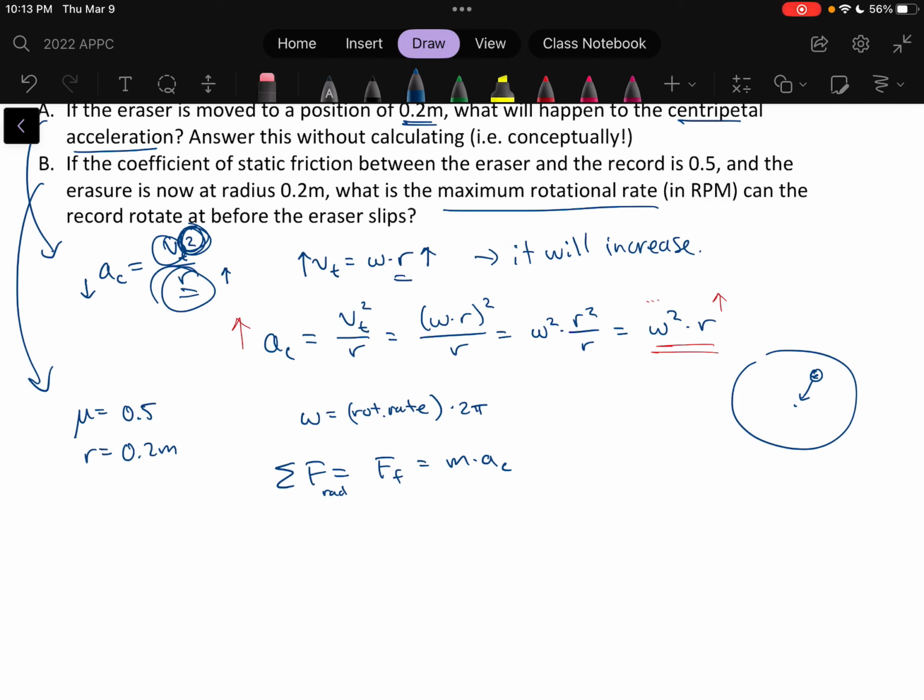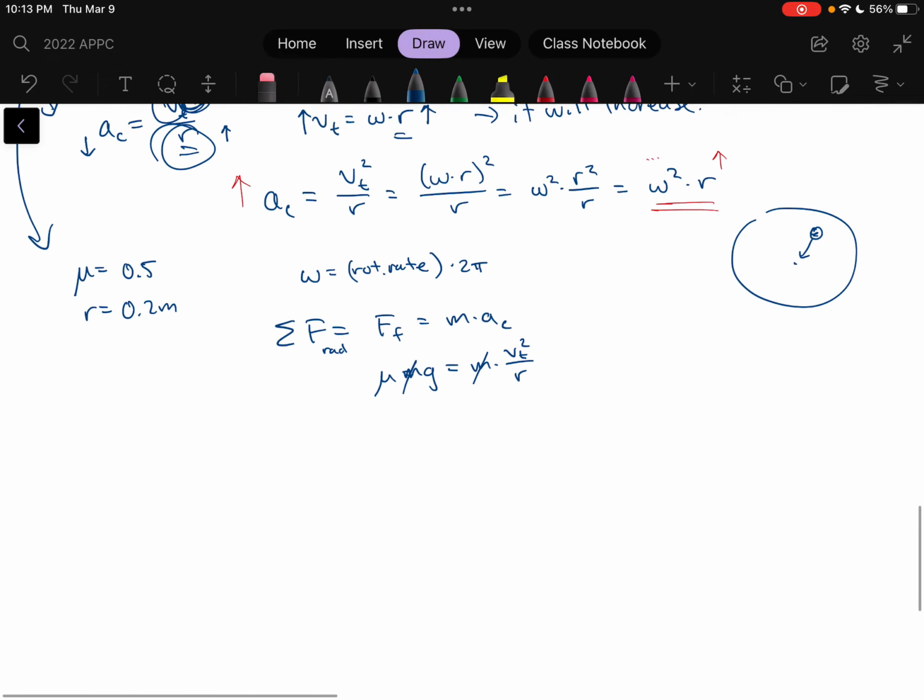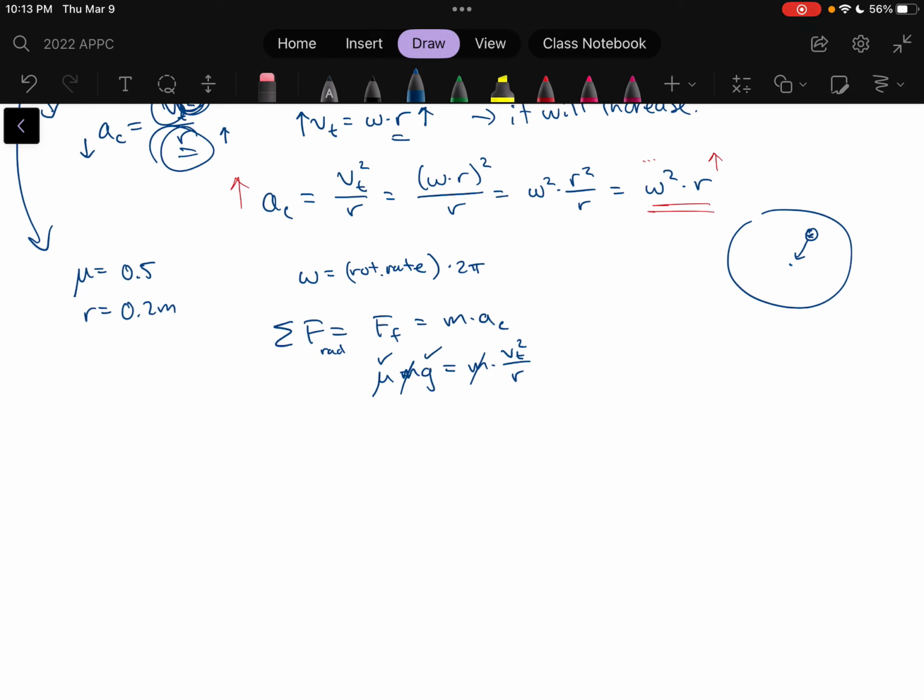So we put in the formula for friction on a horizontal surface: mu times mg equals m times v squared over r. The masses cancel out. We know mu, we know g, we've got the radius, so we can get Vt, then we can get omega, and then we can get the RPMs.